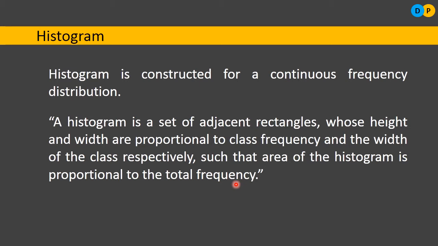The entire area under the rectangular bars will be proportional to the total frequency. Once again, the complete definition: a histogram is a set of adjacent rectangles whose height and width are proportional to class frequency and the width of the class respectively, such that the area of the histogram is proportional to the total frequency.